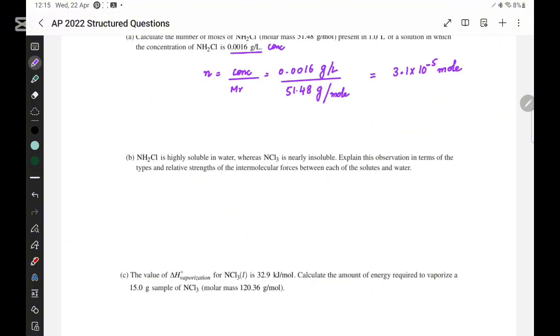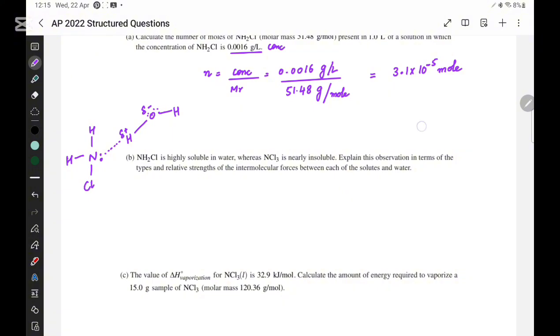So NH2Cl is highly soluble in water, whereas NCl3 is nearly insoluble. So in both of the cases, you are going to see one thing, like this is hydrogen, and this is Cl having a lone pair on nitrogen. So it can form hydrogen bonding with water, like this, partial negative charge, lone pair.